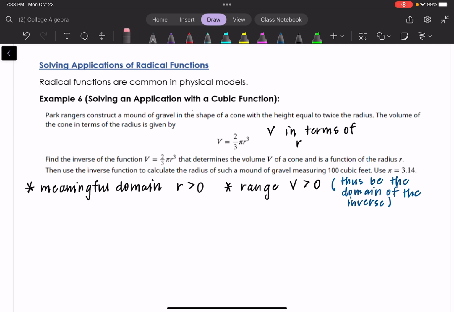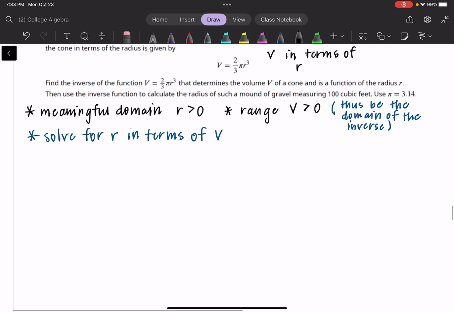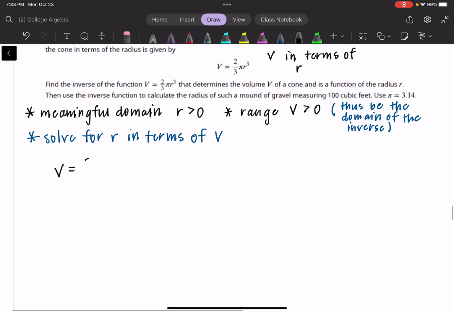And so in order to find this, we just want to solve for r in terms of v, which is really just solving for r. And so let's do that. All right, so if I start with v equals 2/3 pi r cubed, to get rid of this fraction, I can multiply by its reciprocal, and I'll have 3v over 2 equals pi r cubed.